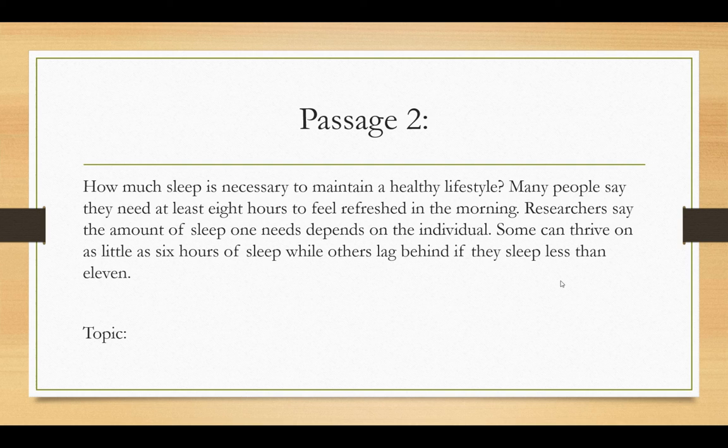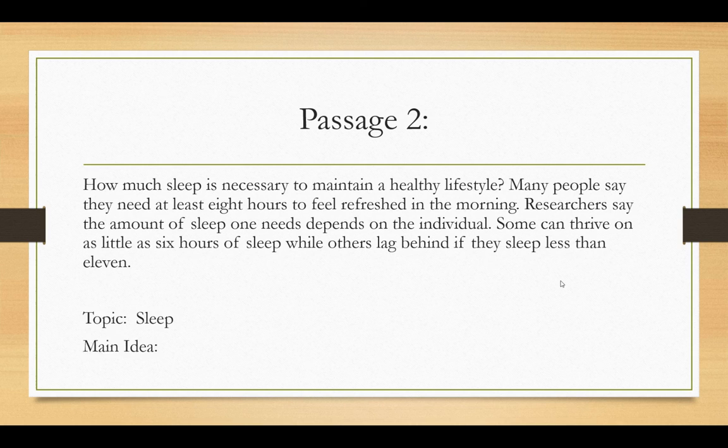So one of the key words that I keep seeing over and over in this passage is the word sleep. So that is the topic, the one word, the main topic of the passage. And looking at that, I can see from reading they're talking about how much sleep people need.